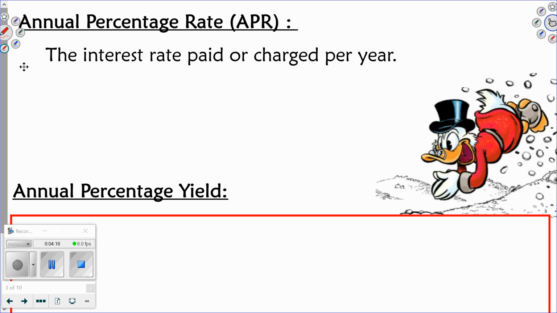If you think about credit cards, anybody have a credit card? A couple of you? Not debit, but a credit card. What kind of interest rates do credit cards usually have? They're usually really high.